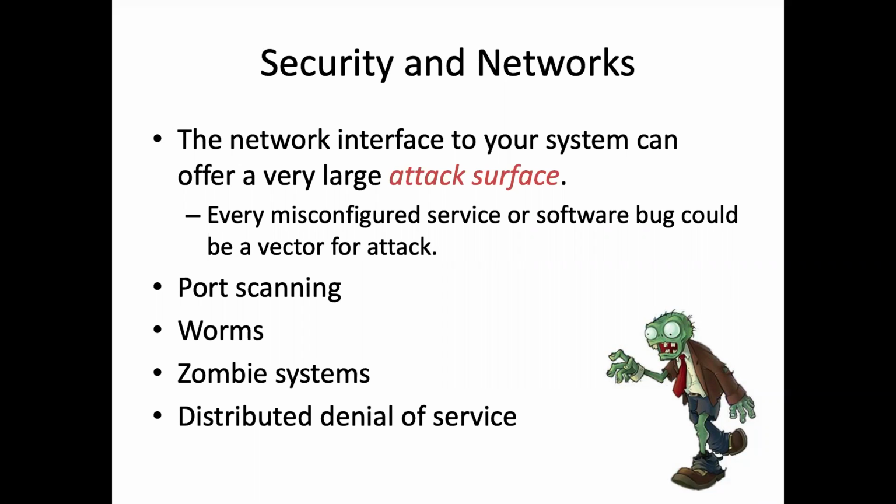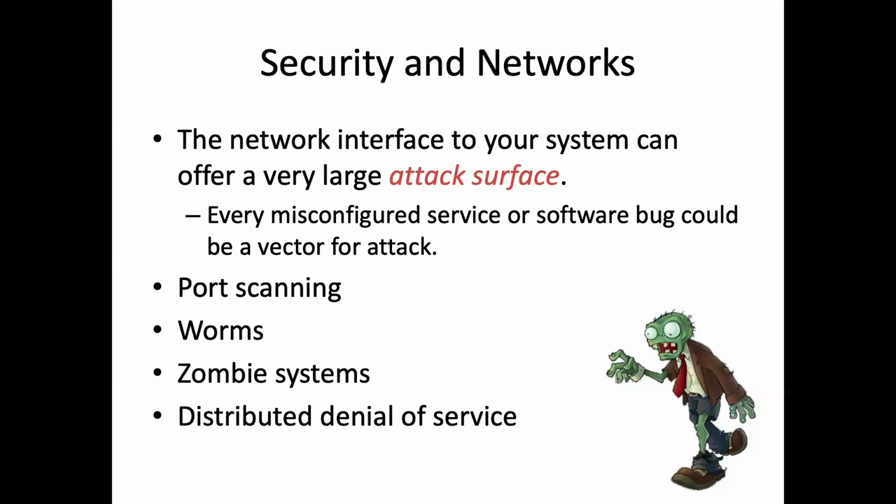You may have a lot of systems that are running web servers or quote of the day servers. These are all examples that we talked about when we were talking about networking. All of those servers running on a system, all the services that it offers, each of those offers a potential for attack. If there's a vulnerability in any of those services, that is something an attacker could potentially exploit.